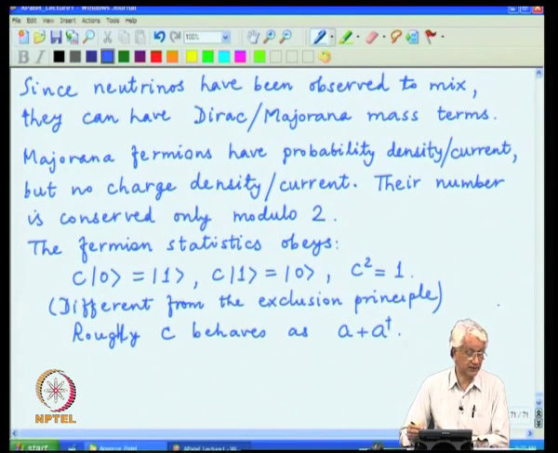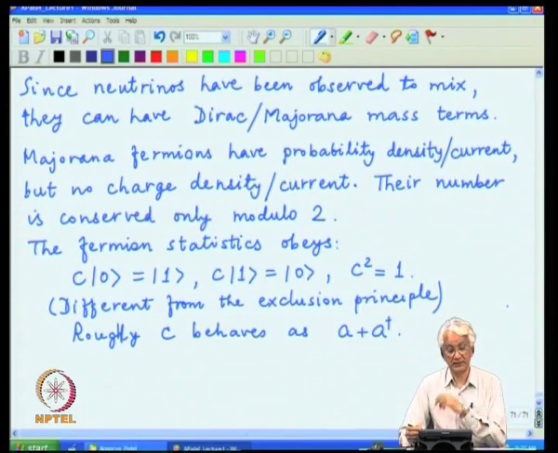So, this is the feature of Majorana fermion, which appears as a statistics in a many body theory. It is again a little bit unusual, and one can ask whether these two different properties of reducing the degrees of freedom of Dirac equation are mutually compatible or not.